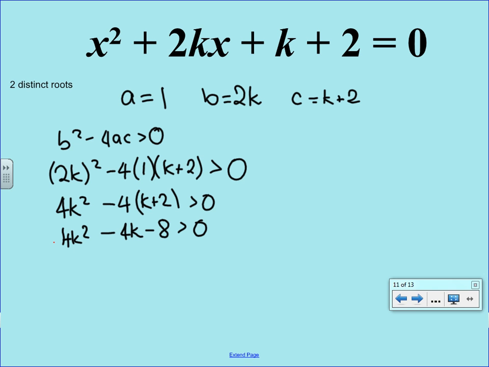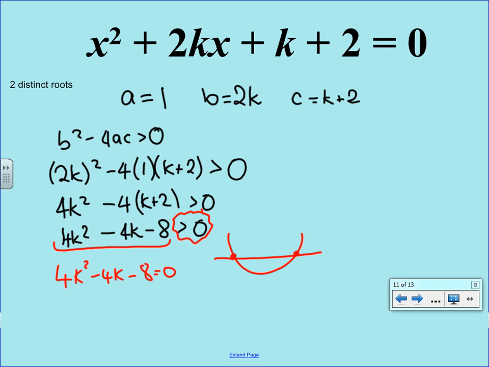We want to solve this equal to naught so that we know what these are, because what we want is the positive bits. We want the height to be bigger than naught, so these bits. So we want the k's to the left of whatever that is, and the k's to the right of whatever that is. So we have to find out what they are.